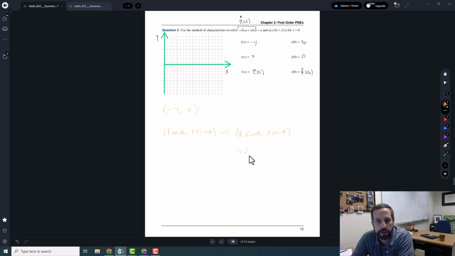But minus r sine theta is just minus y, and r cosine theta is just x. Okay, so minus y, x. This is just the velocity vector field for curves that are circles.